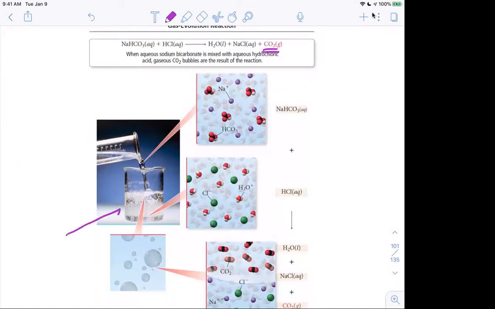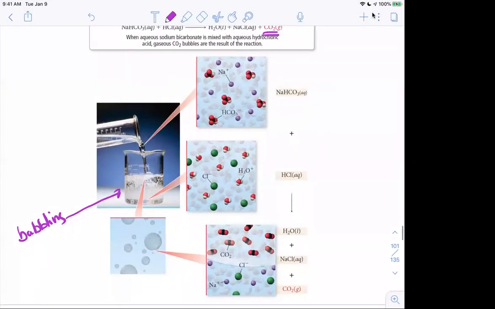So you're going to notice I have all this bubbling or effervescence. It's kind of the plop, plop, fizz, fizz Alka-Seltzer. And within those bubbles, what I have is the carbon dioxide gas, which is going to rise up in the solution and then diffuse away.